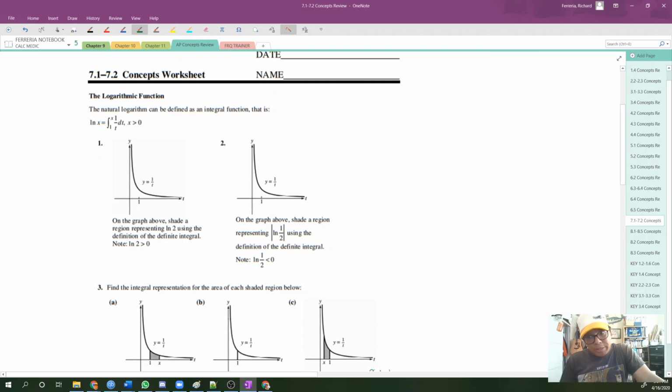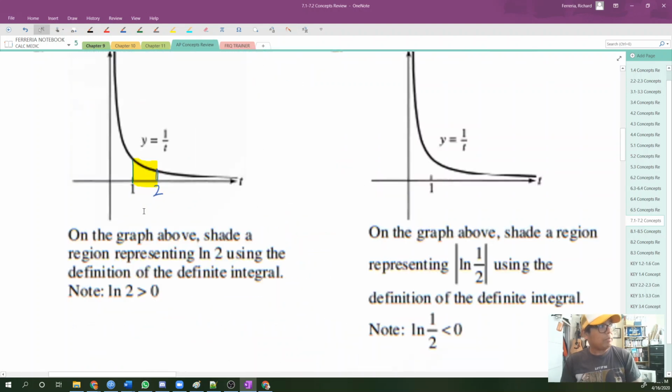And when you replace the upper limit with a 2, what you're going to get is the area between 1 and 2, between the x-axis and the curve y equals 1 over x. Namely, you're getting this area right here. Let's see if we can zoom in over here. That area is the area underneath the curve of y equals 1 over t, going from 1 to 2.